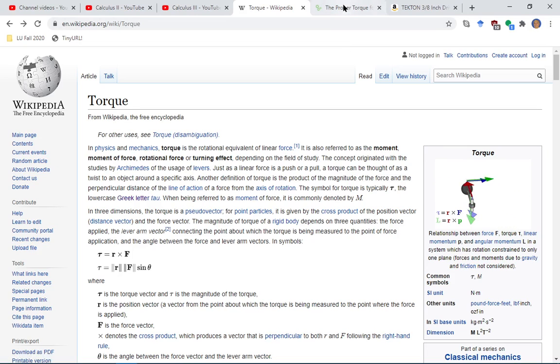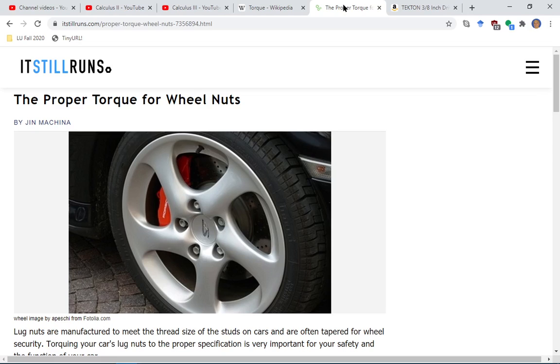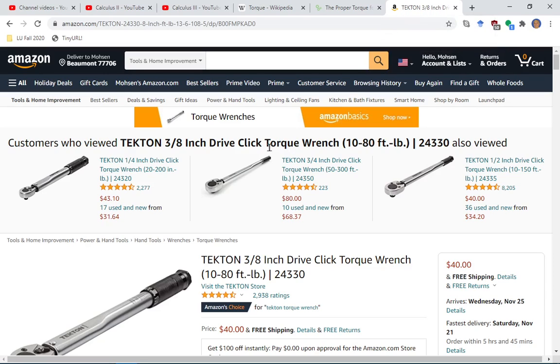So the issue comes up when you are tightening the wheel nuts on your wheels. You have to put a special wrench here to tighten these wheels, and they tell you how much torque you're supposed to apply. And when you're buying these special wrenches, they tell you how much you can actually apply.